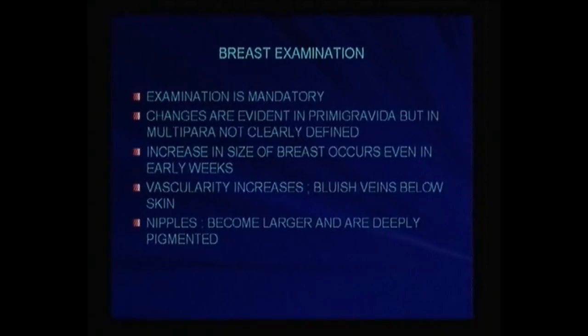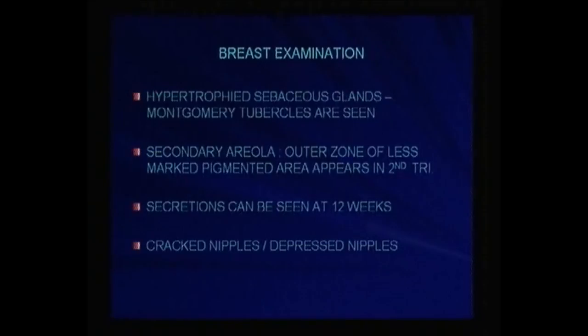The nipples become large and deeply pigmented. The normally present sebaceous glands in the breast become hypertrophied, and they are seen around the nipple as Montgomery tubercles. Secondary areola, that is, an outer zone of less marked pigmented area, appears in the second trimester.